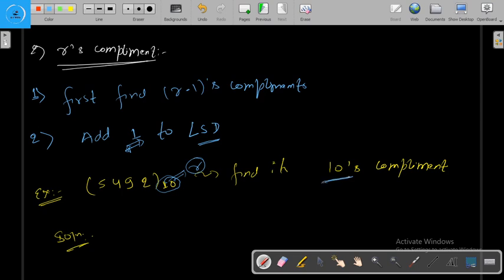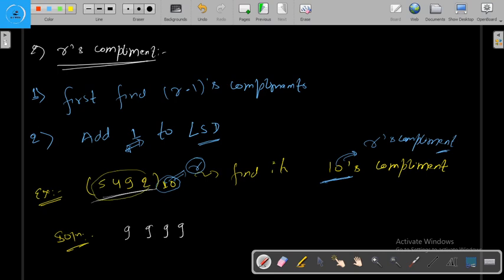It is asking about the 10's complement, which means the r's complement. So for finding the r's complement, first we find the r minus 1's complement. For that, write r minus 1 as many times as the number of integer digits in the number. So we write 9 four times, and then we subtract this number.